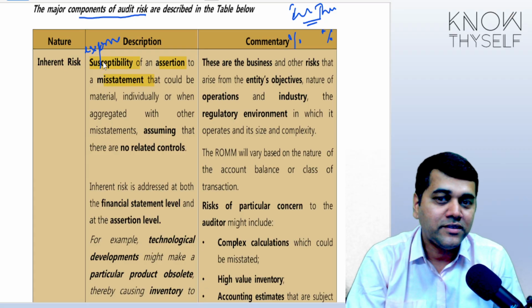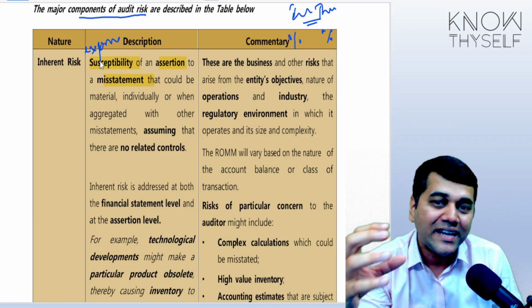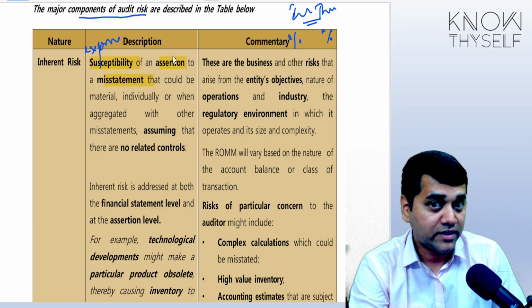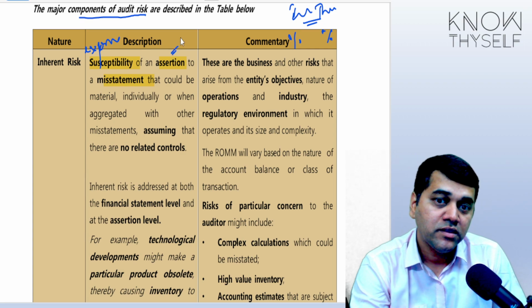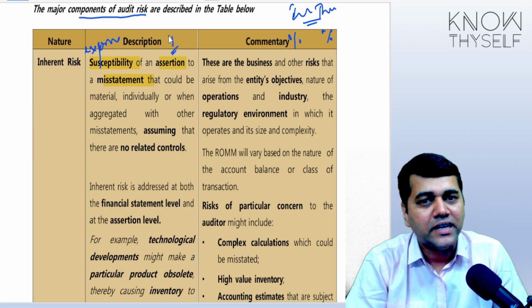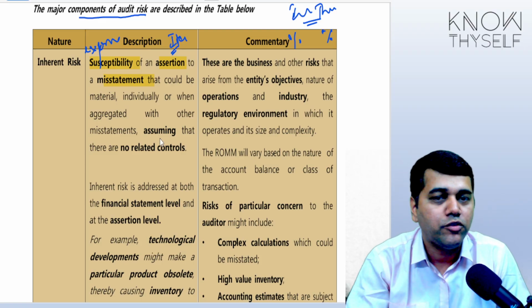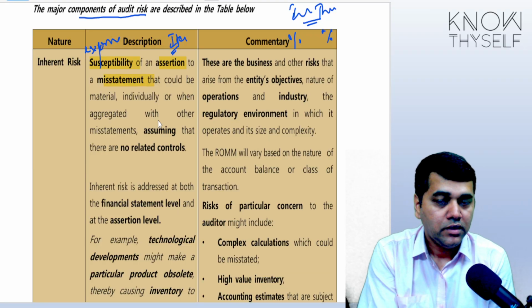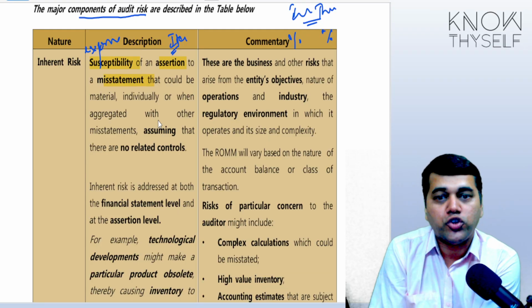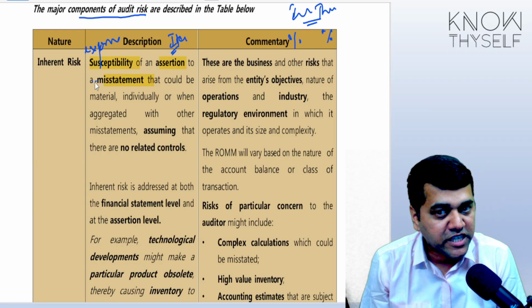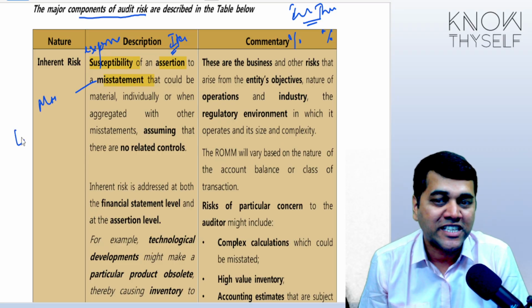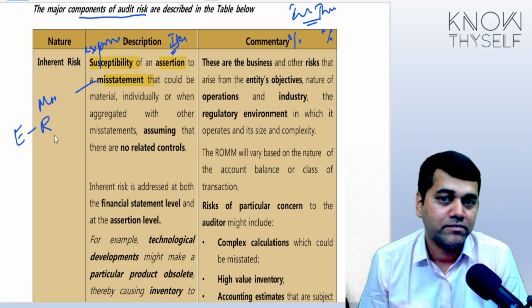Let us see what susceptibility is. It is an exposure of an assertion. What is an assertion? For the time being, let us identify it as an item. I will explain what an assertion is as we go further. That means one item is exposed to a misstatement. What is a misstatement? A mistake. What is a mistake? The difference between expectation and reality.